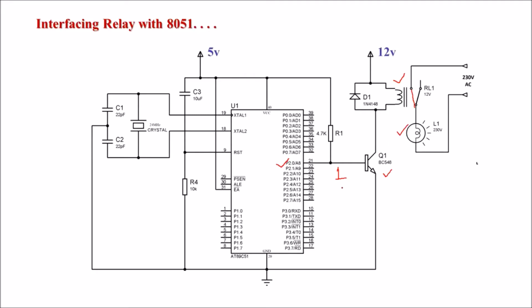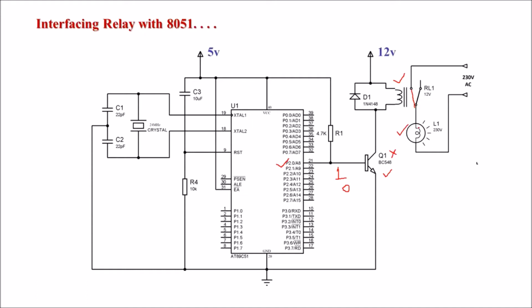When we transmit a logic 0, this transistor will turn off. No current will flow through the relay coil. The relay coil will not be energized, so the switch will be open and this bulb will be switched off.